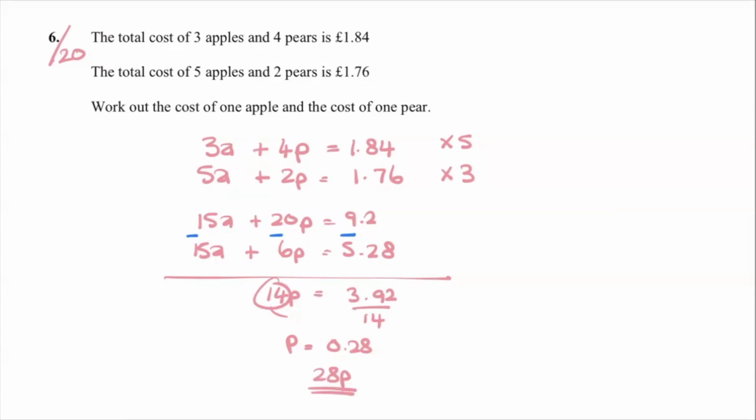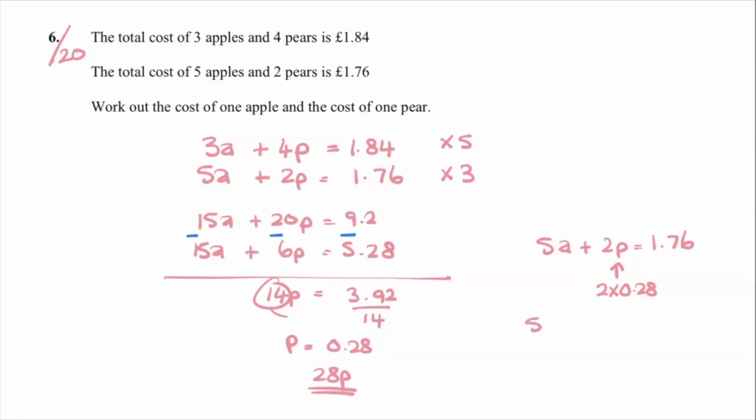Now I know my p, I can work out my a. I need to choose one of these. I think I'm going to go for this one. So I've got 5a plus 2p equaling £1.76. This is going to be 2 times 0.28. I'm going to use my decimal answer because I'm still working within these calculations.